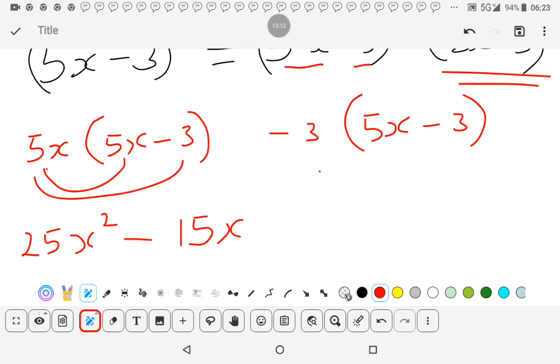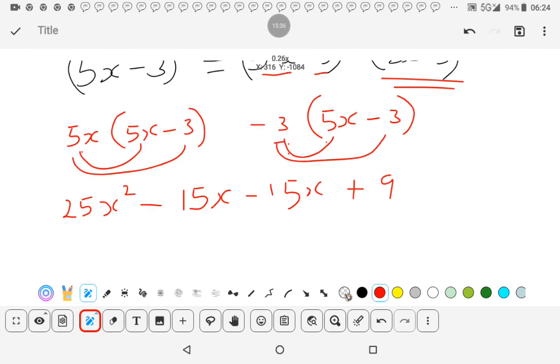Then minus 3 times 5x will give you minus 15x as well. And also minus 3 times minus 3, minus times minus will be plus, then 3 times 3 is 9.